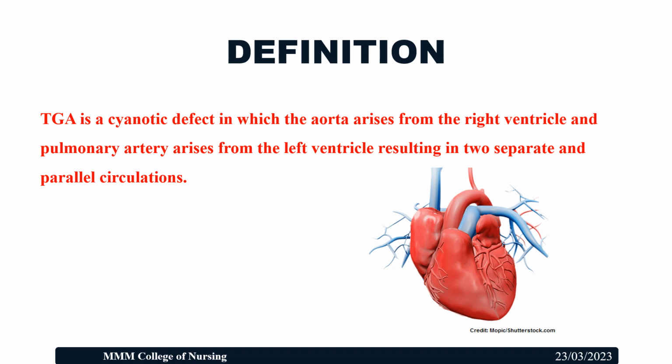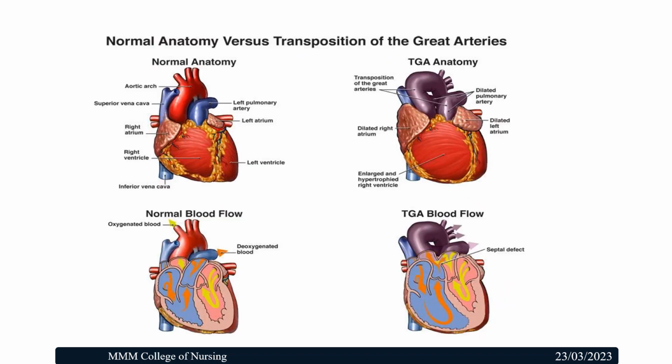When you go back to the physiology of the heart, you can confirm this transposition. Here the aorta arises from the right ventricle and the pulmonary artery arises from the left ventricle. This transposition has occurred when the baby is born. So this is called transposition of great arteries.